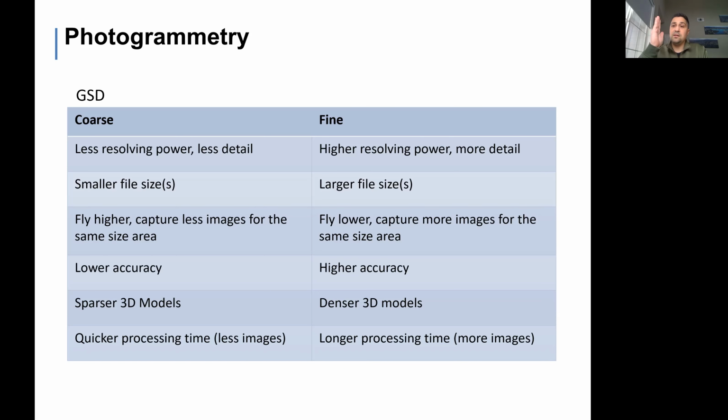Every time the GSD increases by 1, the amount of pixels actually increases by 4. So if you go from 1 to 2, you just went from a surface area of 2, let's just say inches squared, to 4 inches squared, to 8, to 16. Sorry, that's how it works.